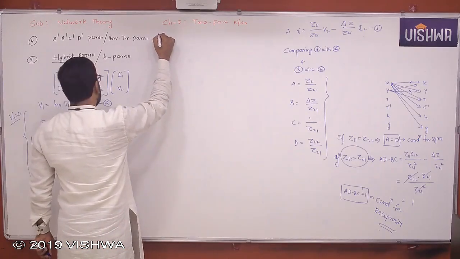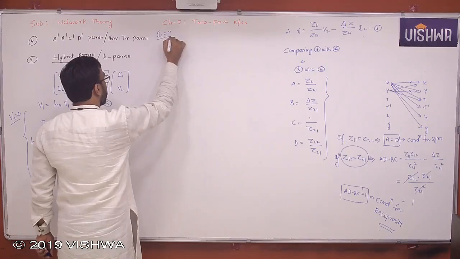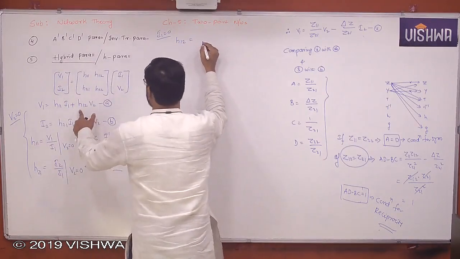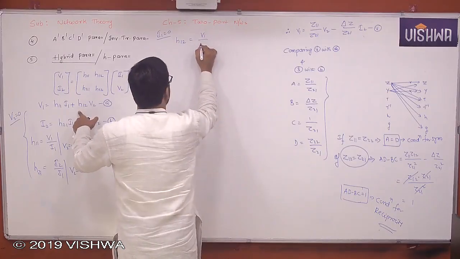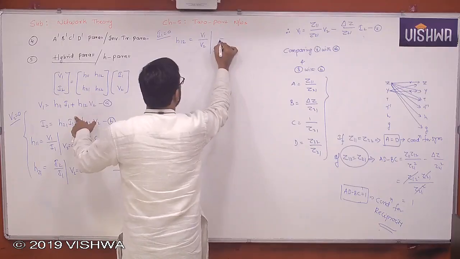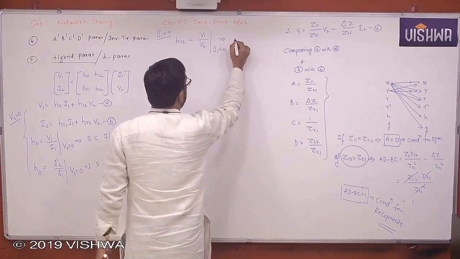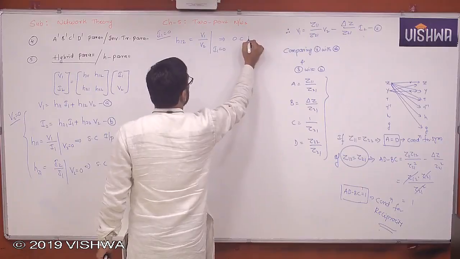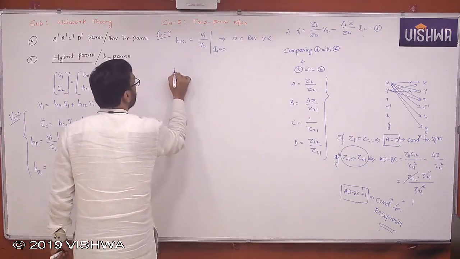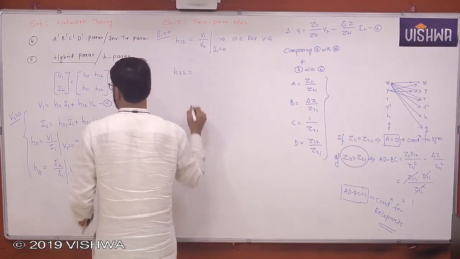Now when I1 is 0, that means open circuit, you will get H12, right? That is V1 by V2 under the condition I1 is 0. That is open circuit reverse voltage gain. H22 is equal to, what is H22?